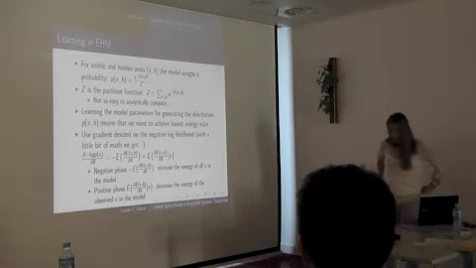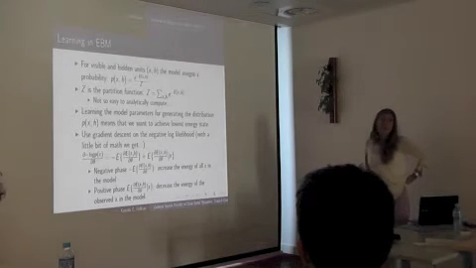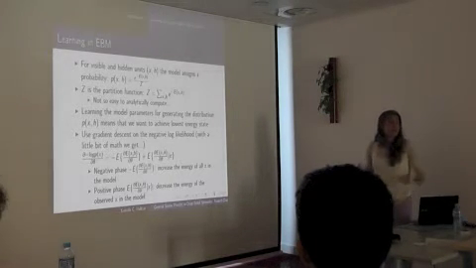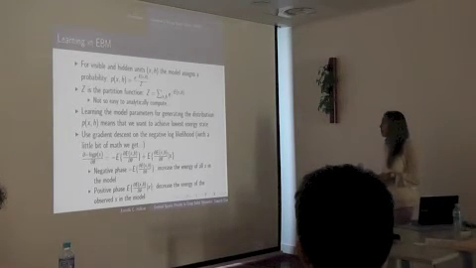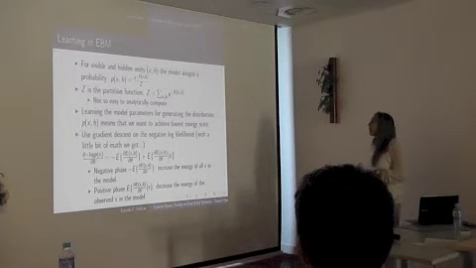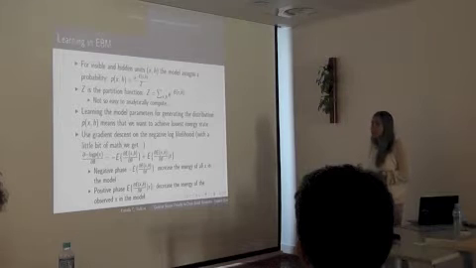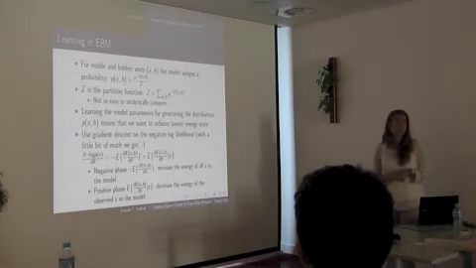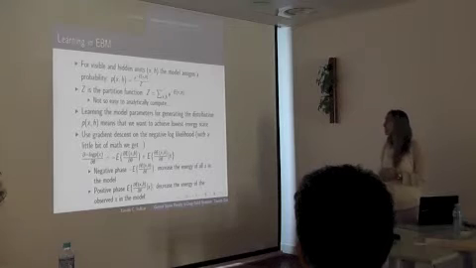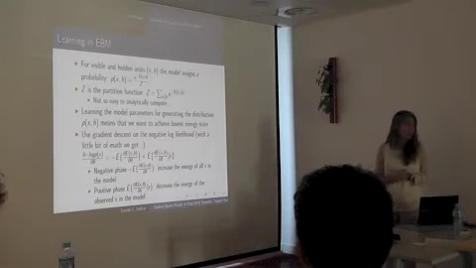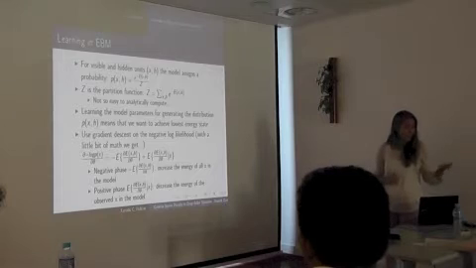Energy-based models in general, you can consider them as neural networks that are comprised of a set of visible and hidden units. What the energy model will do is assign a joint probability, which is defined based on this energy function, normalized by the partition function.